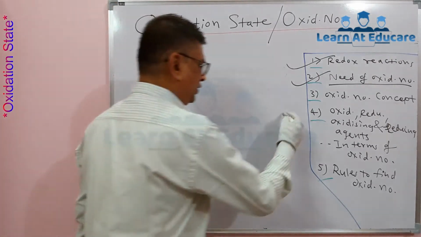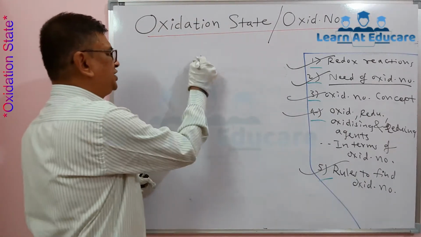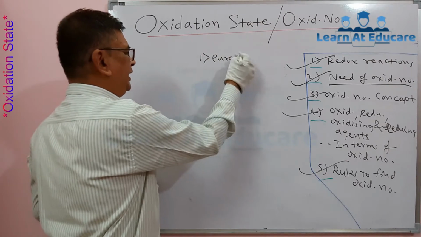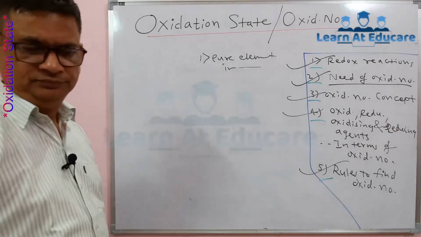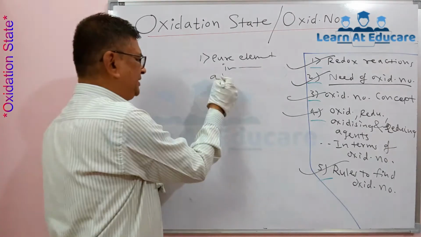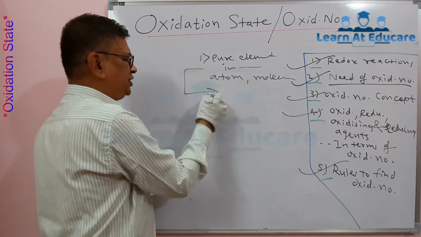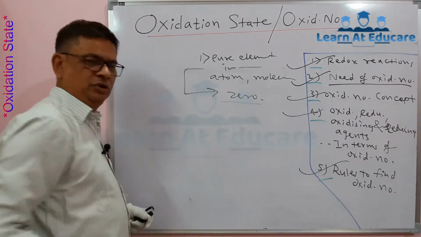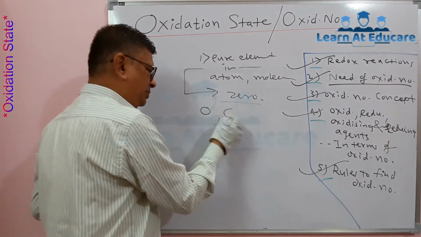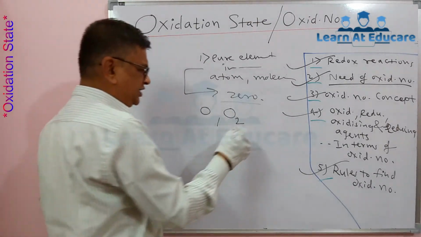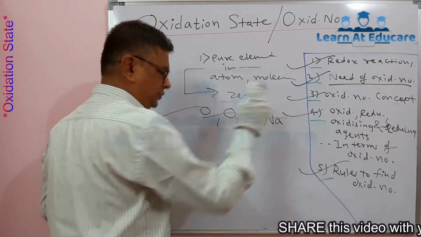Now what are the rules to find the oxidation number? The first rule: every pure element in its uncombined form, whether as an atom or as a molecule, has oxidation number 0. For example, the oxidation number of oxygen in O, of oxygen in O2, and of sodium in a sodium atom, all are 0.